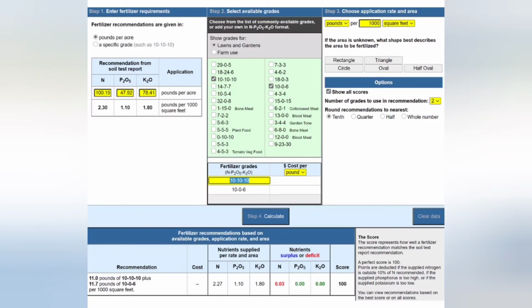So whenever you get a soil sample result and you have the recommendations, it is not very easy for a vegetable gardener to be able to just buy 2.3 pounds of nitrogen. Usually at a store like Lowe's or Home Depot, they will have them in pre-mixed bags that are a set rate per each of those nutrients.